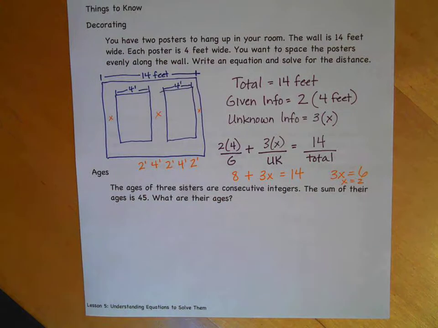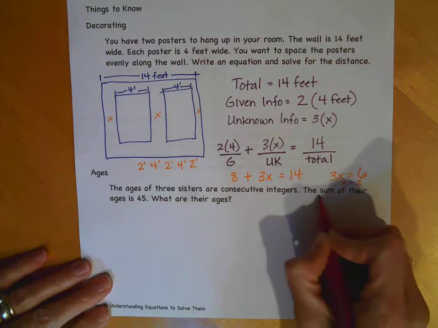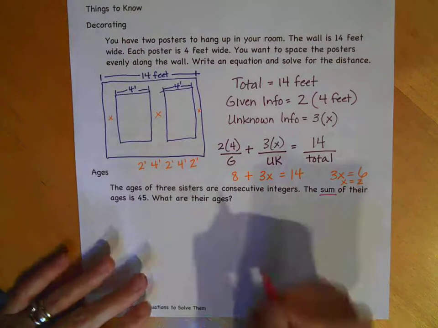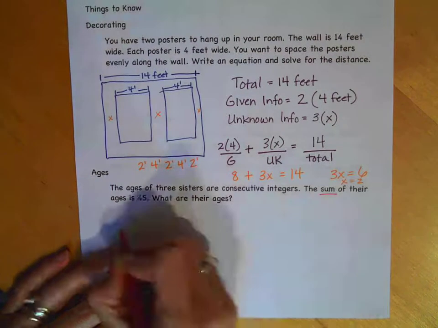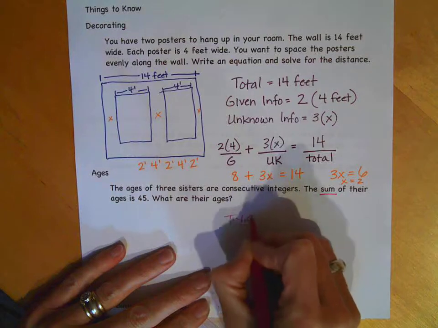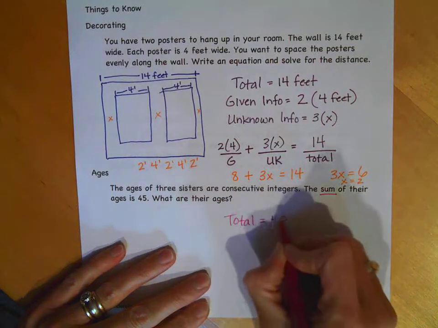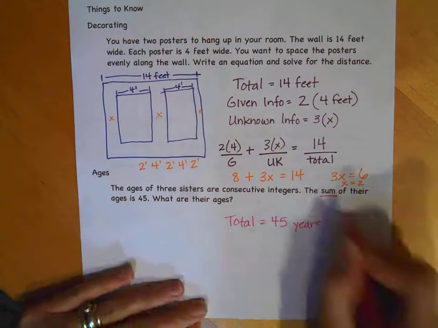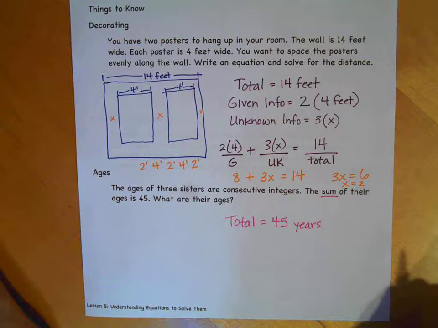So there are 3 sisters and the sum. They're giving us some information that we need to pay attention to. Sum means that we add. First of all, we know that the total equals 45. Not 45 years old, but the sum means you add.